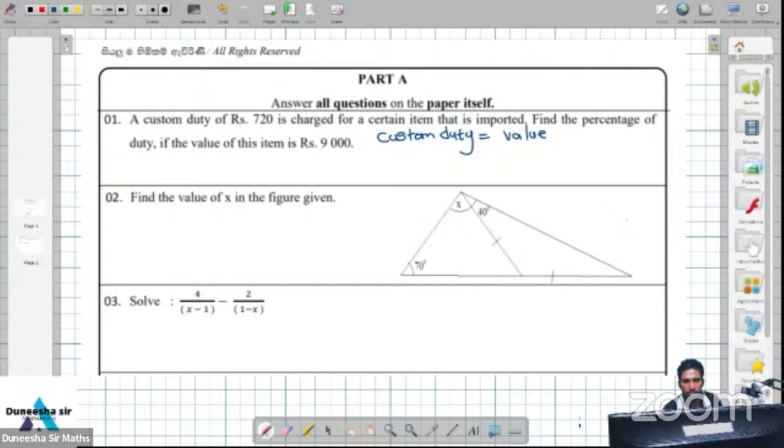I'm giving the support: custom duty equals value multiplied by percentage of duty. It's X. You have to find the X now. You know the value and custom duty. You have to find the percentage.